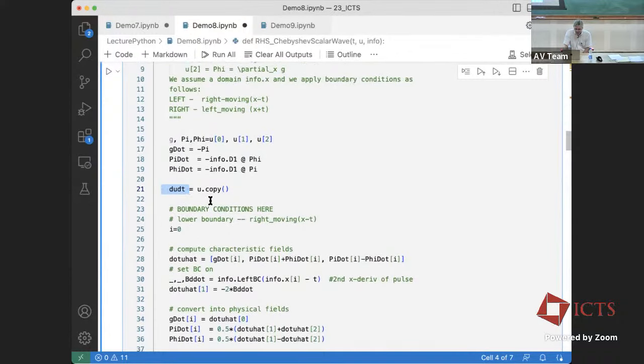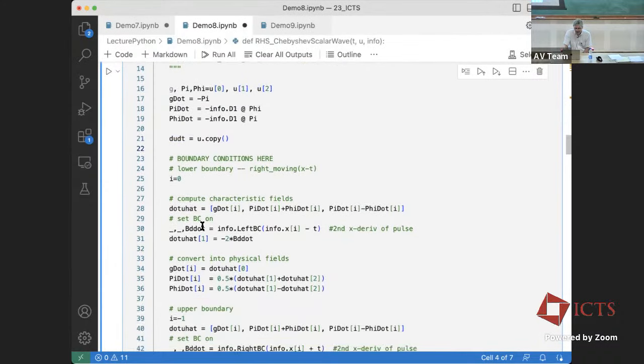Here, however, comes now the extra step, the extra procedure that I have outlined here on the blackboard. First, i equals 0, the lowest grid point. I am computing the time derivatives of the characteristic fields.